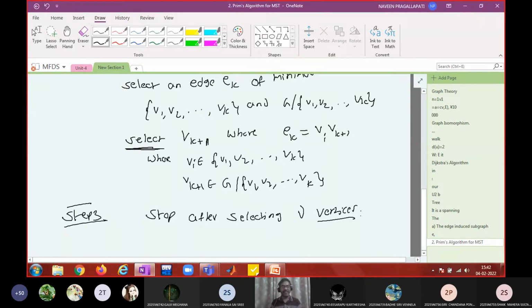Every spanning tree will have n vertices. What is n? n is the number of vertices in the graph also. Tree will have n minus 1 edges. Tree will have n vertices, where n is the number of vertices in the original graph also.